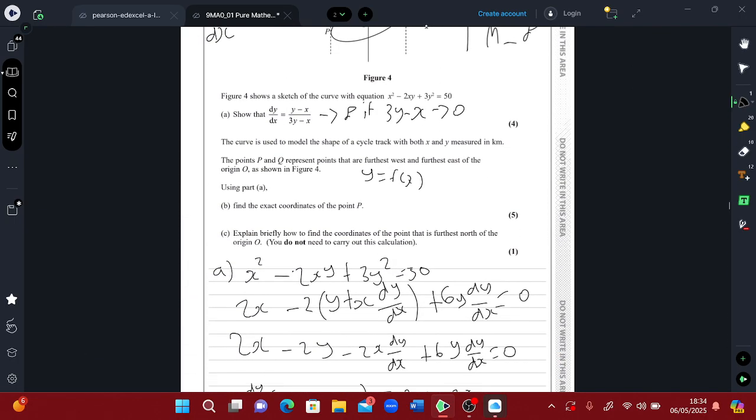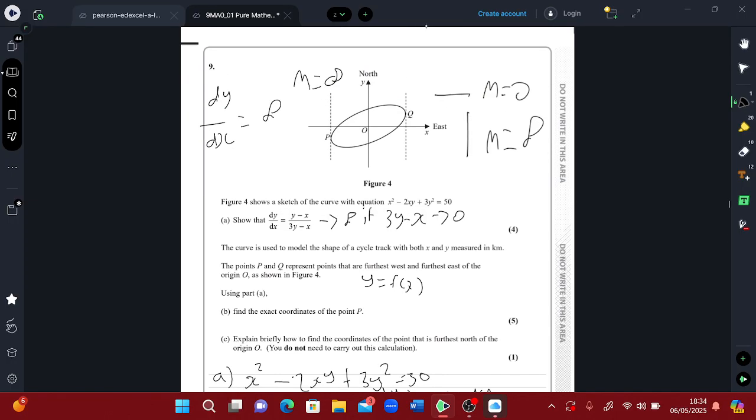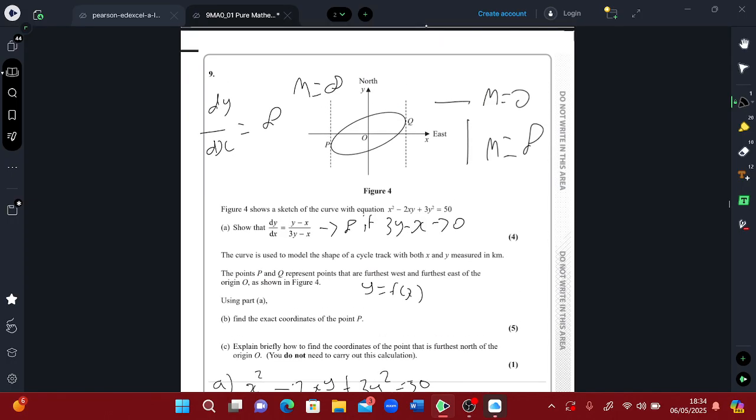Explain briefly how to find the coordinates of the point that's furthest north of the origin. So what is this point here? Furthest north, okay, interesting. Let's think about it a little bit.